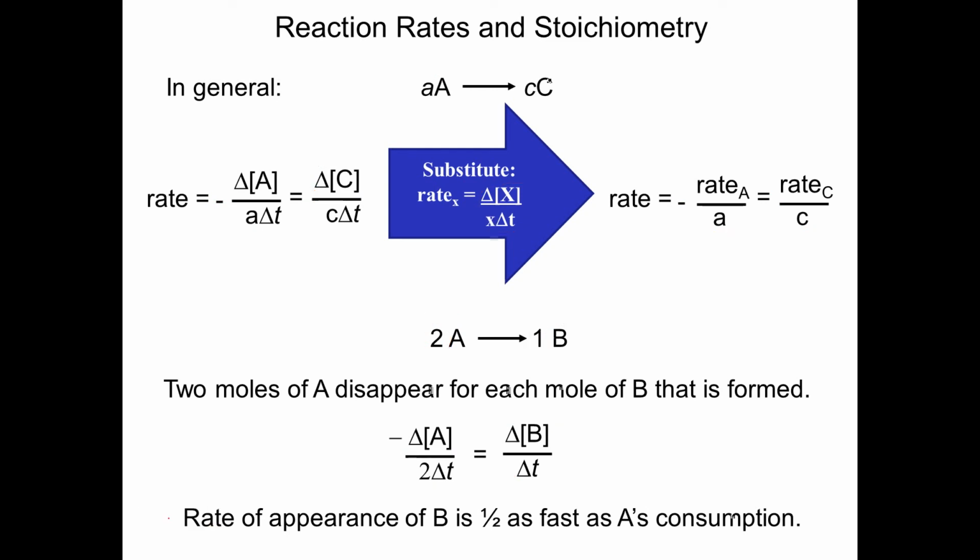Now, just backing this up a touch, looking at our coefficients, for every 2 A's that are consumed, 1 B is produced. So in the time that 1 B is produced, 2 A's had to be used up. That means A is being consumed 2 times faster than B is being produced. Or thinking about it in terms of B, B is being produced half as fast as A is being consumed. And it all deals with the coefficients.